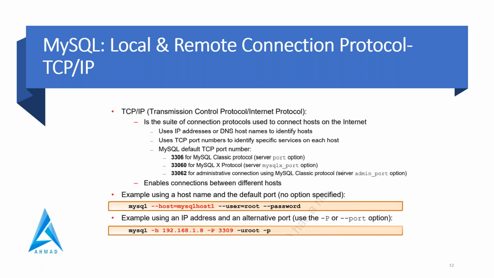If no admin_address value is specified, the server maintains no administrative interface, and connections are permitted only by users who have the service_connection_admin privilege. There is no limit on the number of administrative connections.